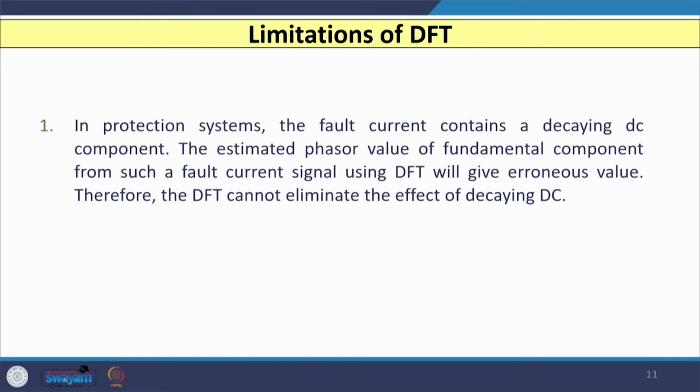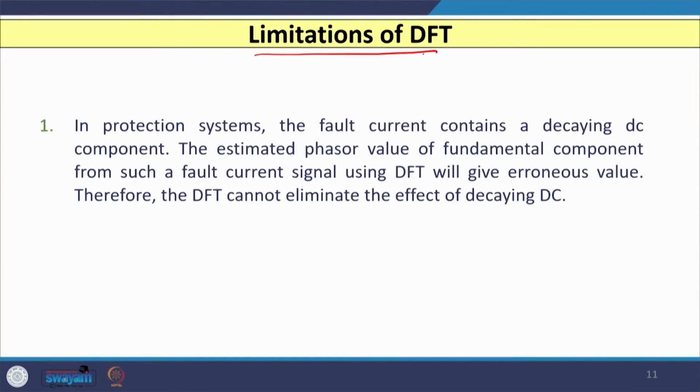Now, we have considered two important phasor estimation algorithms: one is the half cycle DFT and the other is the full cycle DFT. The fundamental limitation of both algorithms arises whenever a decaying DC component is present in the acquired signal.